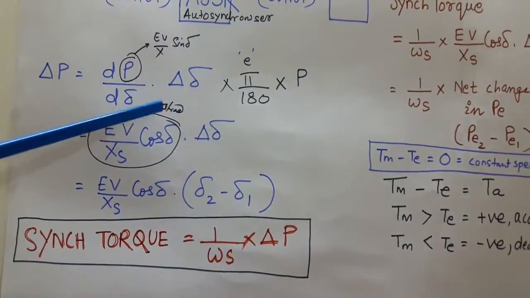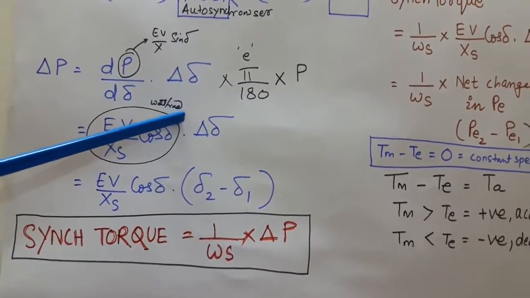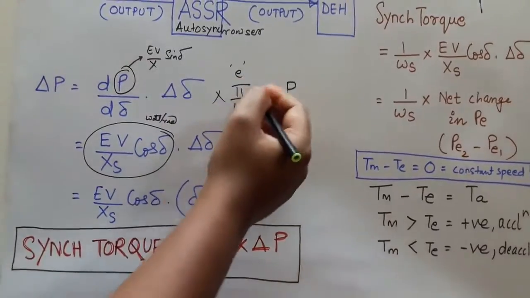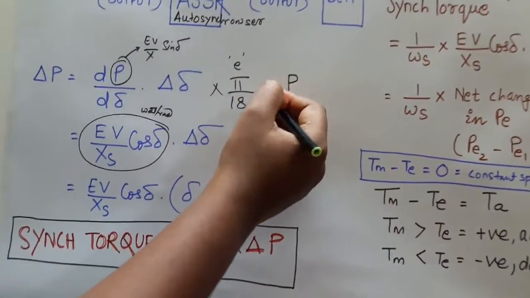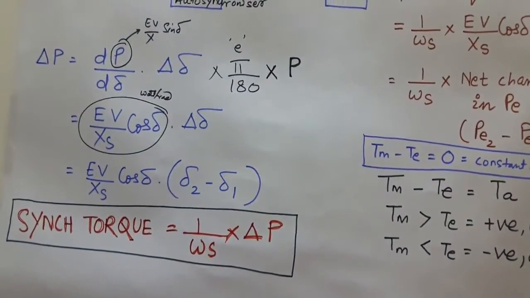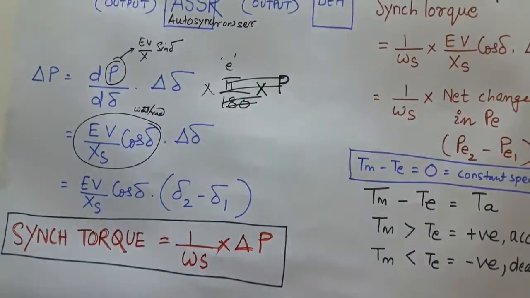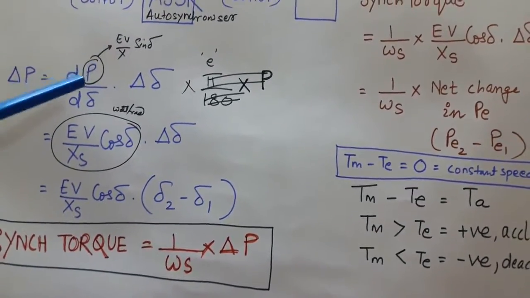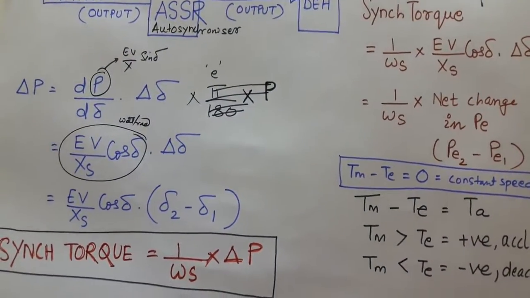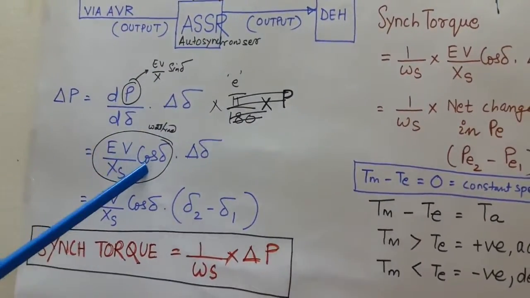And if I want to convert this watt per electrical degree into mechanical degree, I have to multiply pi by 180 with one more term, the number of pole pairs. But let's forget about this, and let's consider that we are talking in terms of watt per radian. So this is the derivative, EV by X cos delta.